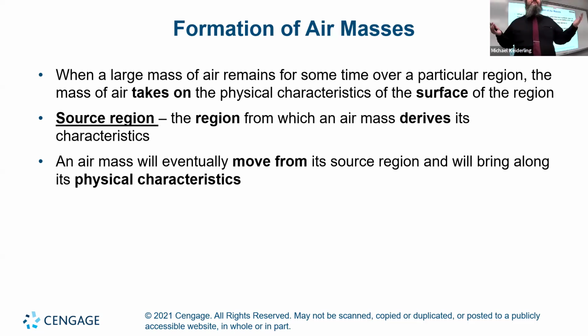So the source region of an air mass is where that air mass got its characteristics from. And it will eventually move from wherever its source region is, and it will bring along its properties. You have a bunch of air that sat over one place for a while, ended up like that area, and then it moves somewhere else.